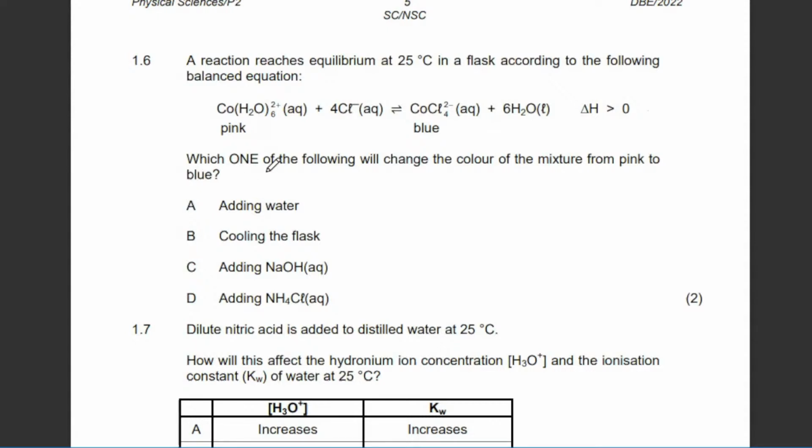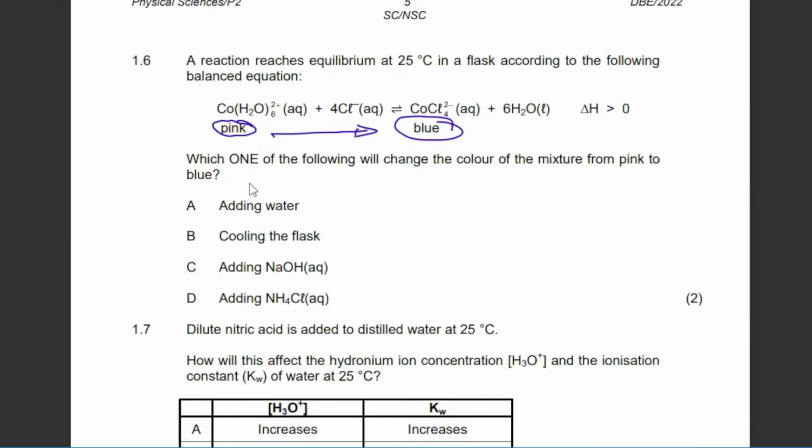They're saying, which one of the following will change the color of the mixture from pink to blue? So if it is in equilibrium, and now you have pink, then you have blue. For this reaction to change from pink to blue, what must be done? It means that something must be added here, or something must be removed here.